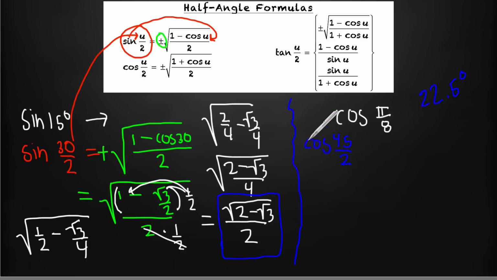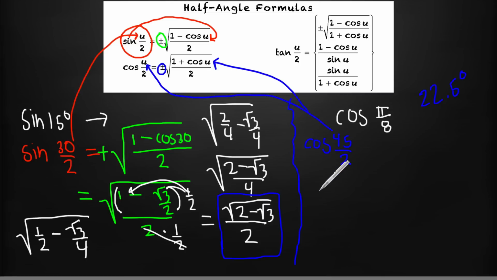And so 45 is our u. So that's going to go right there. Now, 22.5 is in the first quadrant, and everything is positive in the first quadrant, so we don't need the plus or minus. We know that it's going to be plus.